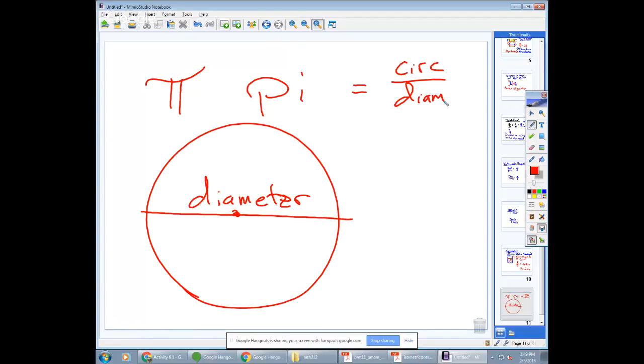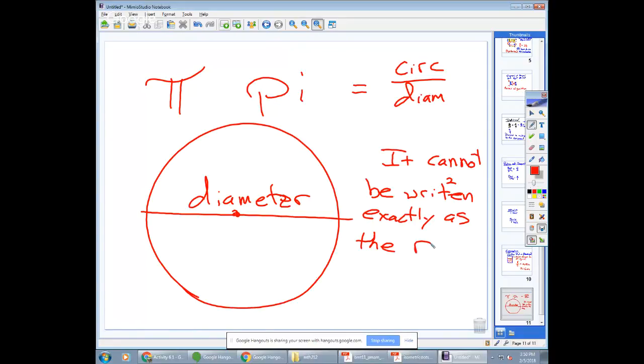I think that came up around the same time in China and some other places too. The weird thing about pi is that although it comes from a ratio, it cannot be written exactly as the ratio of whole numbers.